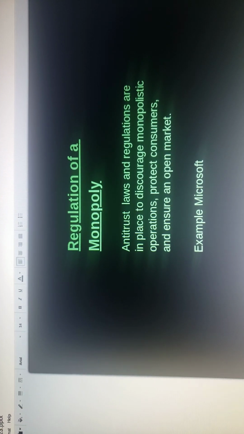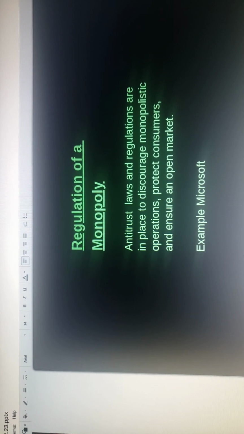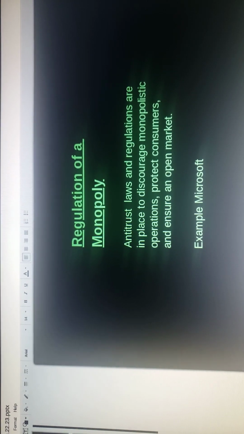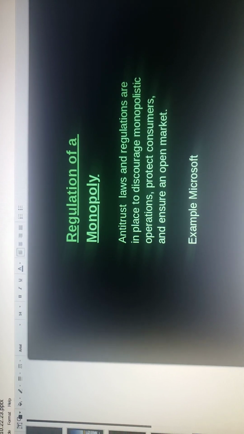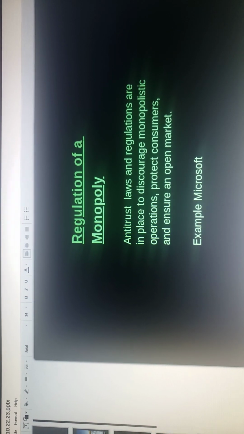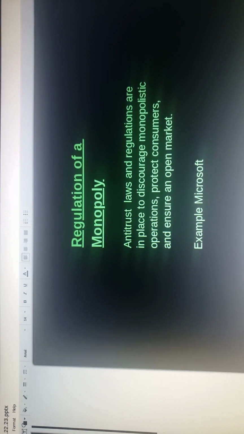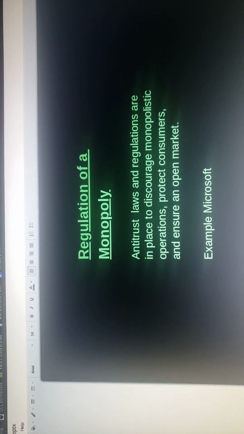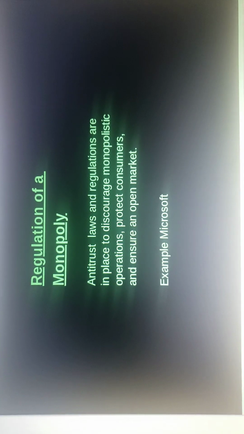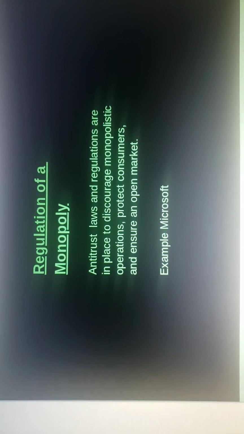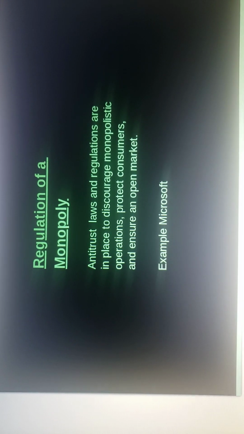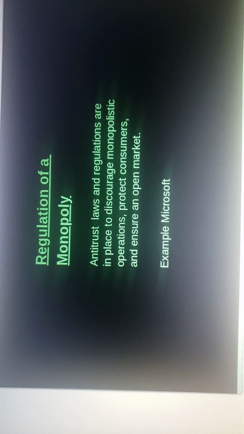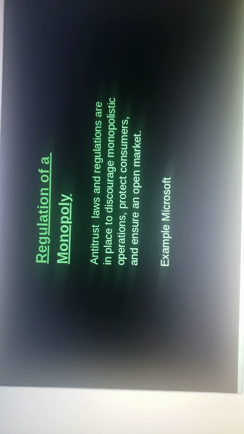With the antitrust legislation, Microsoft was accused of using exclusionary and anti-competitive contracts to market its personal computer operating system software. By these contracts, Microsoft had unlawfully maintained its monopoly of personal computer operating systems. So they were doing something very illegal, and they were brought in front of the court because they had unreasonably restrained trade.